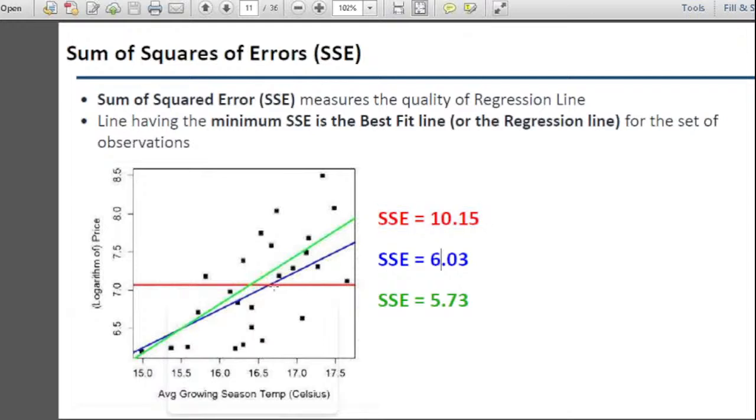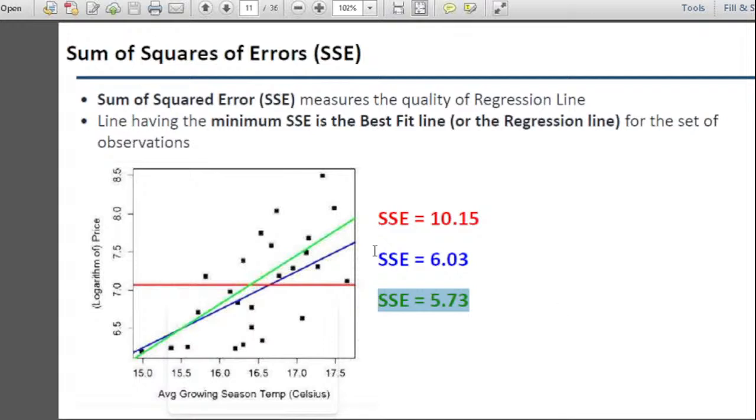Sum of squared error was 10.15. When I started putting in more variables, I started improving on this line, blue line. I came to a blue line, and there my sum of squared error was 6.03. Then when I was able to convert this into a best fit line, green line, this was my sum of squared errors. So you can clearly see as we move from baseline to the best fit line, my sum of squared errors is minimized.